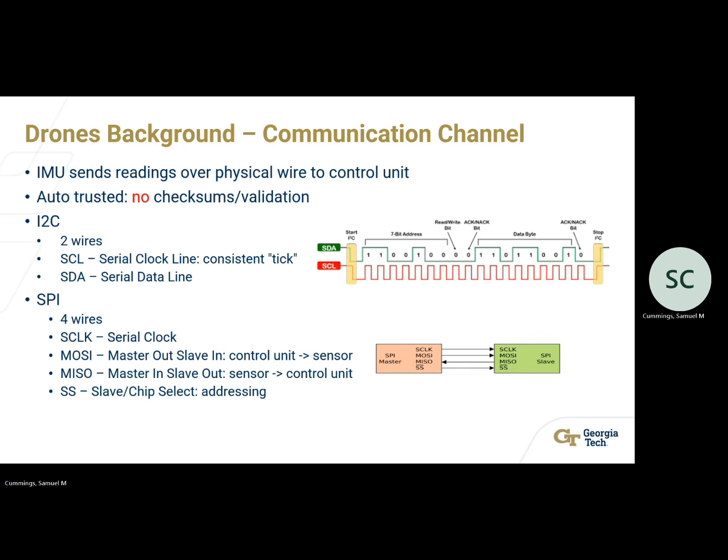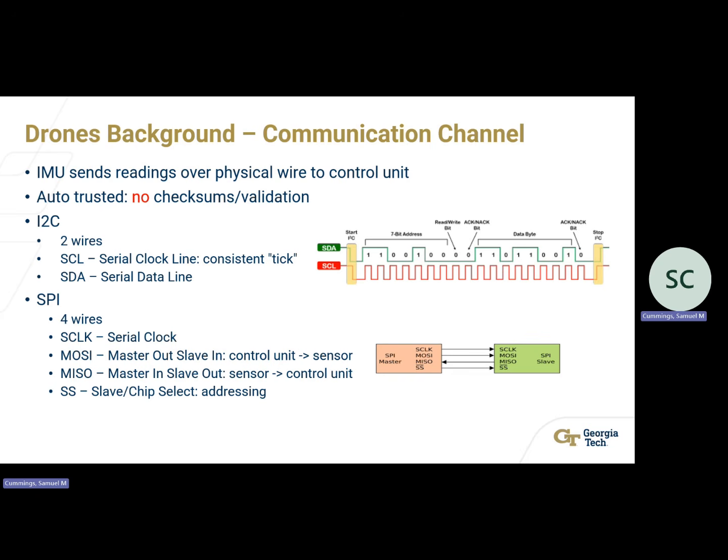And the big vulnerability of this whole attack and of these drones is that the communication channel is auto-trusted. Whatever the control unit receives from the IMU in that communication channel, it's going to trust. And this is a real issue and the real vulnerability that the researchers try to exploit in this attack.